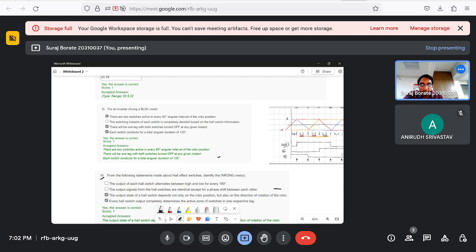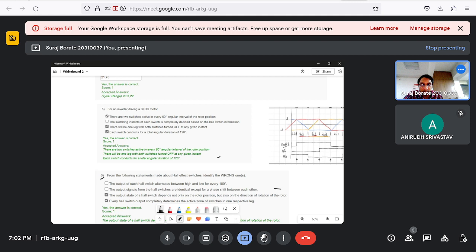So the angular interval over which the waveform of your induced EMF in a BLDC motor remains flat top over a cycle. Okay. And the assumption is that the rotor is rotated at a constant speed. Okay.